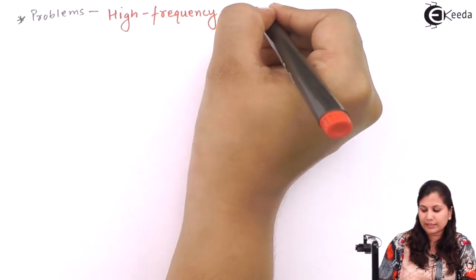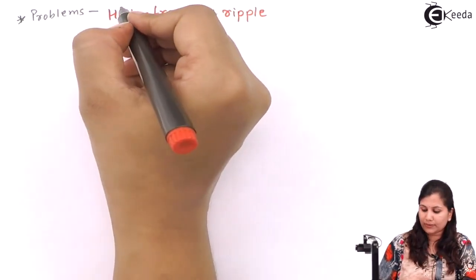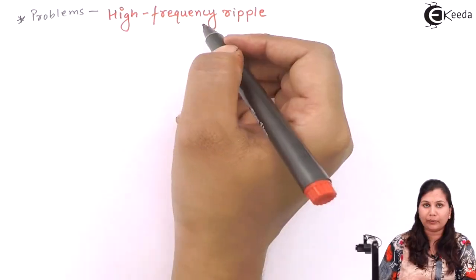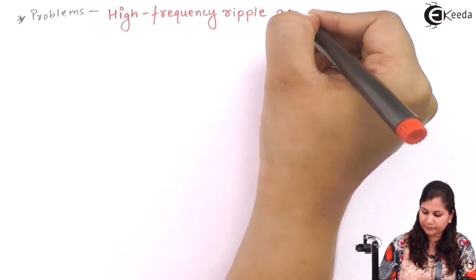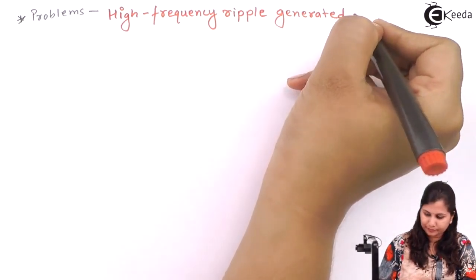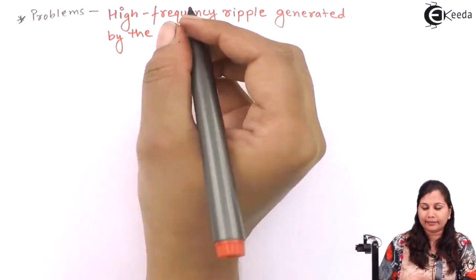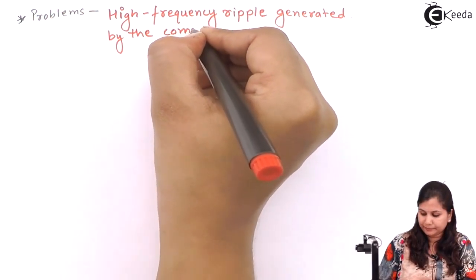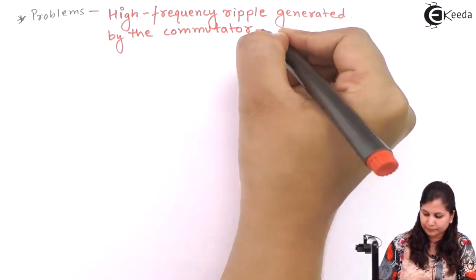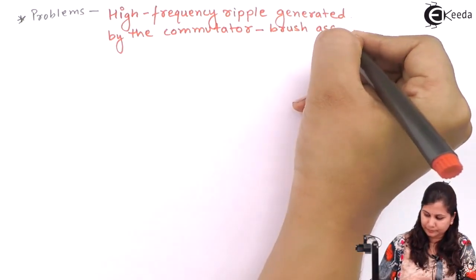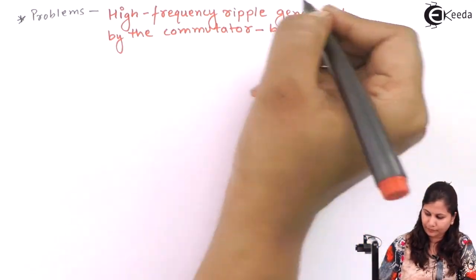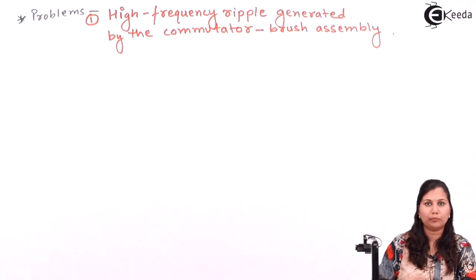Ripple means oscillations. So oscillations of high frequency are generated by the commutator and the brush assembly. So it is our first problem.